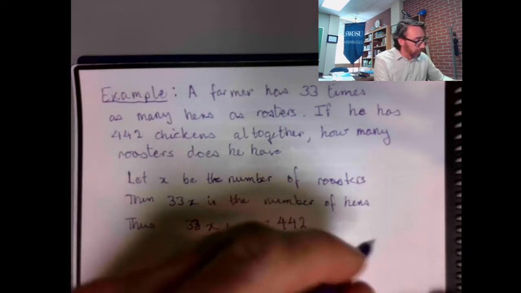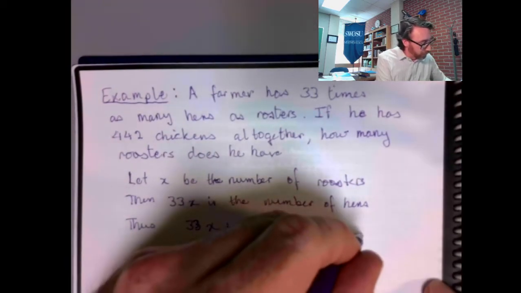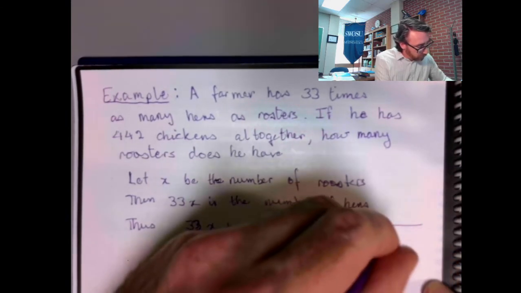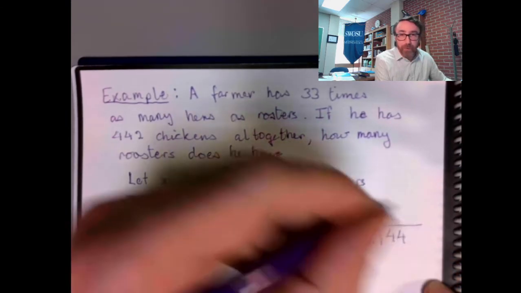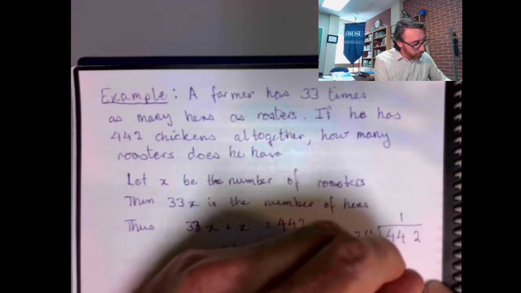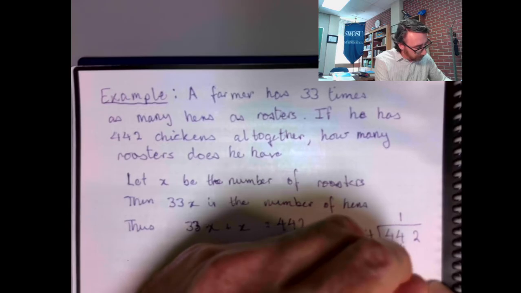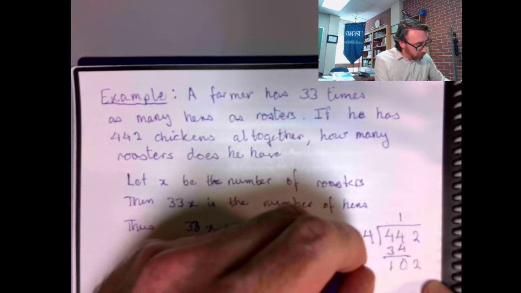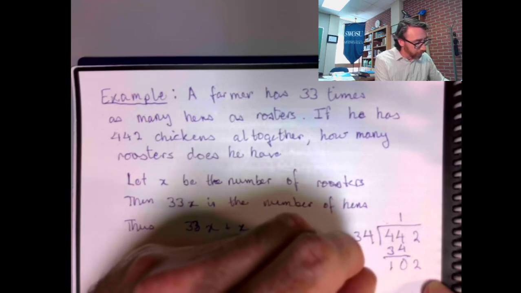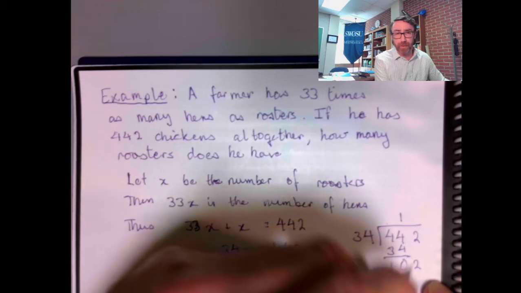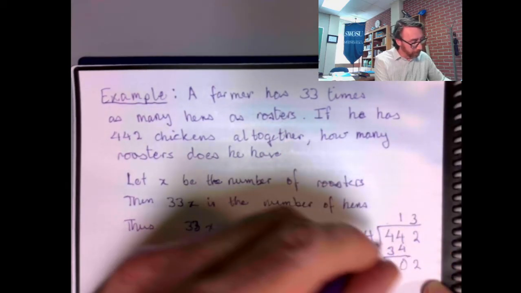Now I've got to do my computation. Looks like I'm going to need to do this by long division here. I'm going to have to divide there. 34 into 44 goes one time. 102. I would estimate that maybe with a 30 going into 100 3 times.